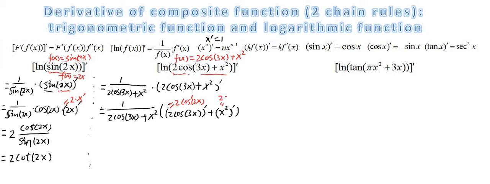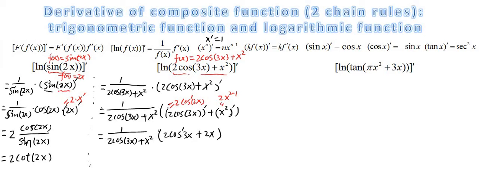We have 2x to the power 2 minus 1. Now we can simplify it. We have 1 over 2 cosine 3x plus x squared, times 2 times cosine 3x prime plus 2x.